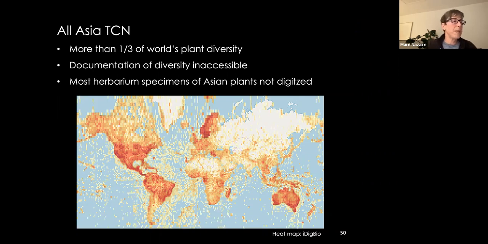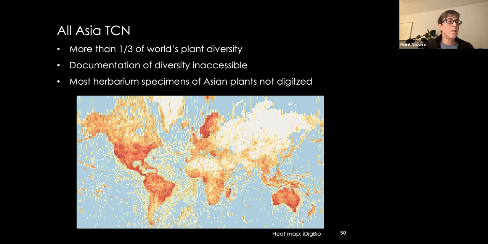Asia, being the largest continent on Earth, includes a diversity of topography and geology, including the world's tallest mountains and lowest landscapes, and habitats ranging from Arctic tundra to tropical rainforests and mangroves to deserts. And the plants of this region are incredibly diverse, with more than 1/3 of the world's 350,000 plant species.